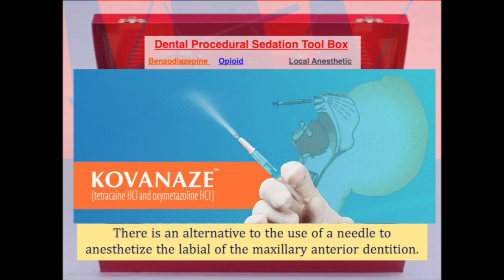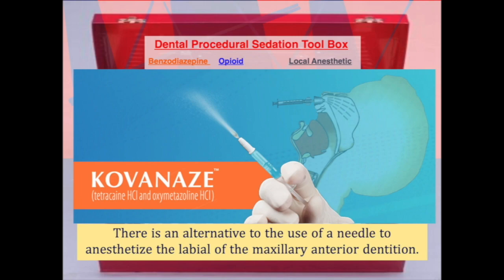It's given intranasal, and you can see in the picture, it goes through the nasal mucosa and will anesthetize teeth numbers 6 through 11, facial only, so labial only, no lingual local anesthesia, without any kind of needle if you need that for your patient. If you're not taking out a tooth, then you're not going to really need much in the way of palatal anesthesia. But it's nice.